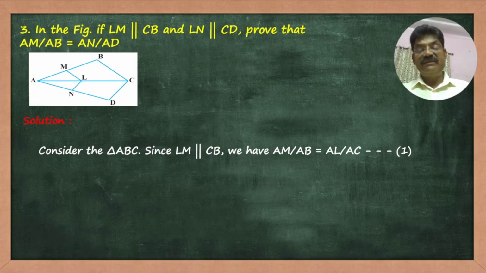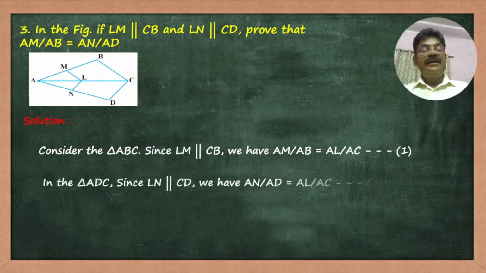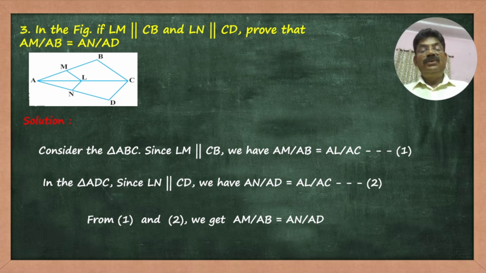Call this equation 1. In the triangle ADC, LN is parallel to CD. Therefore, again by applying theorem 6.1, AN divided by AD is equal to AL divided by AC. Call this 2. From 1 and 2, we get AM divided by AB is equal to AN divided by AD, which is the result to be proved.